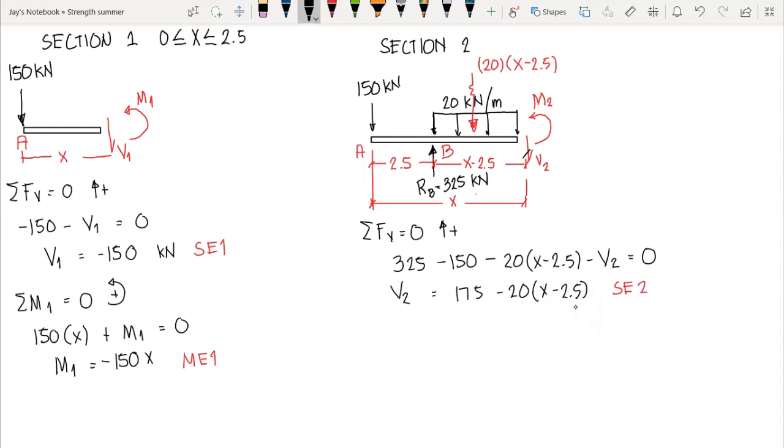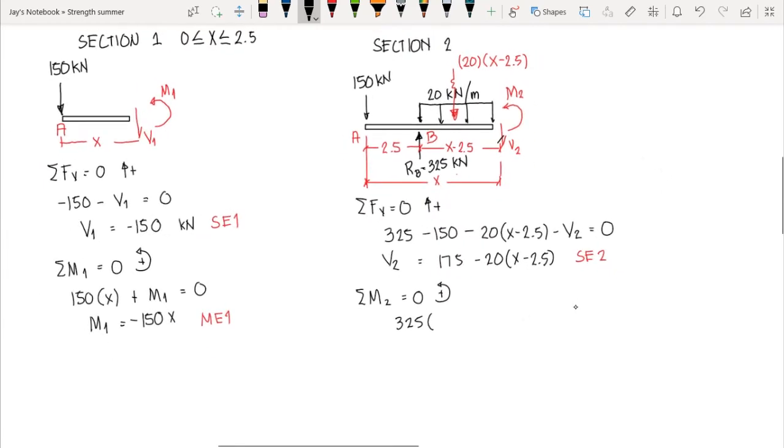Now let's compute our moment equation for this one. Let's say the sum of moments at section 2 is equal to 0, the counterclockwise are positive. Then we have here the reaction 325. Now the moment arm, or the distance of the reaction from our cut section 2, is x minus 2.5, correct?